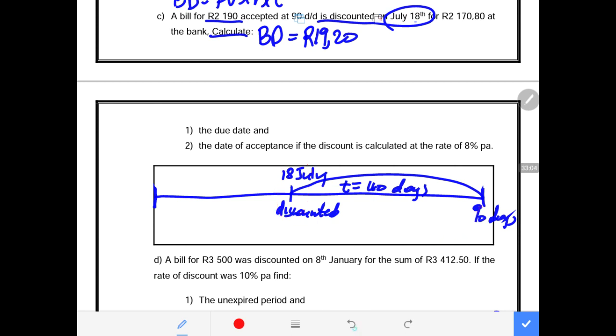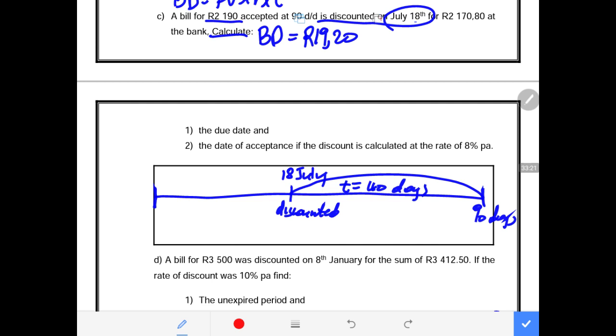So we need to calculate 40 days from the 18th of July. That should be our focus. From the 18th of July, we need to calculate 40 days in full. Then after we see how much we get.